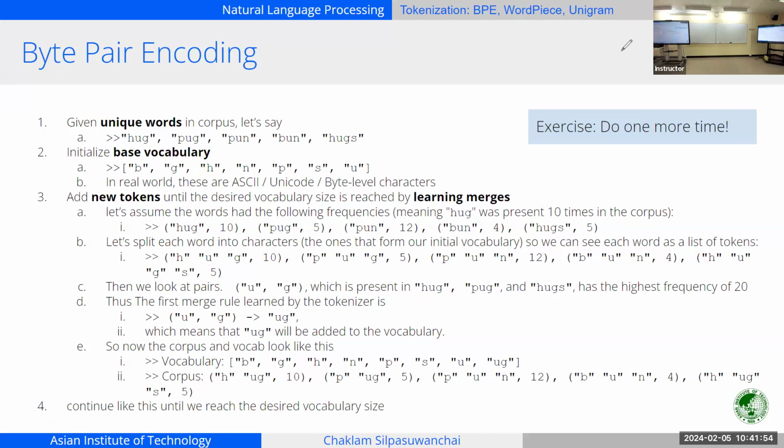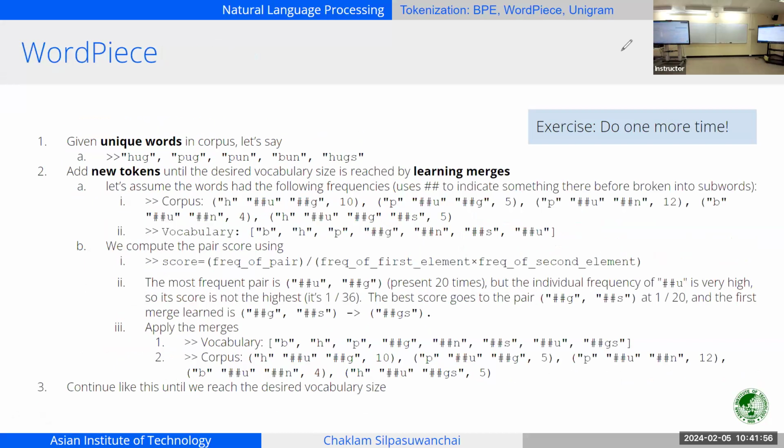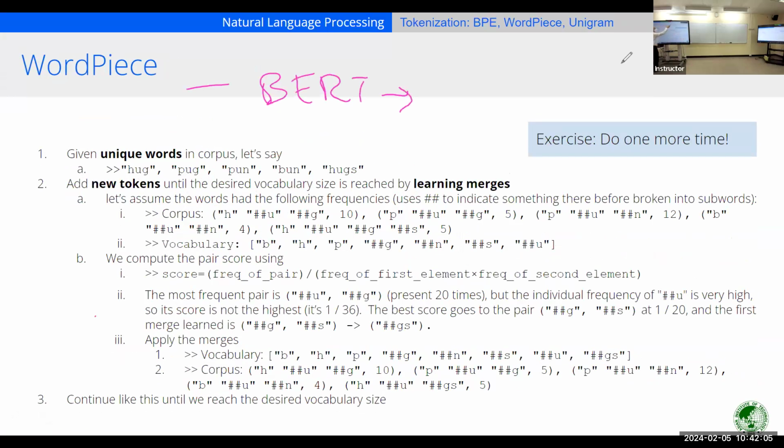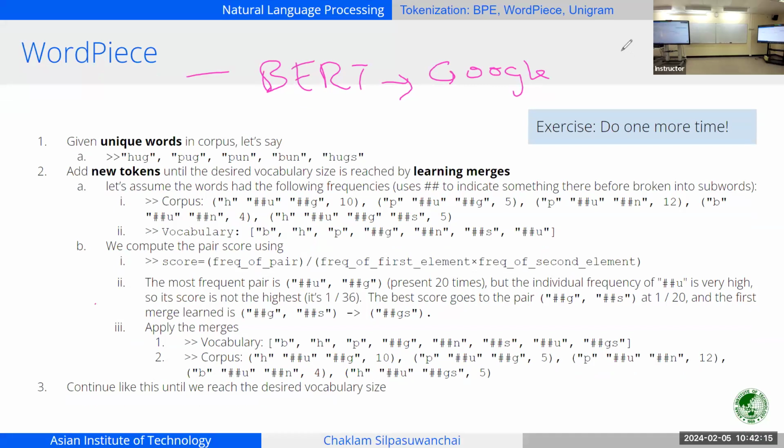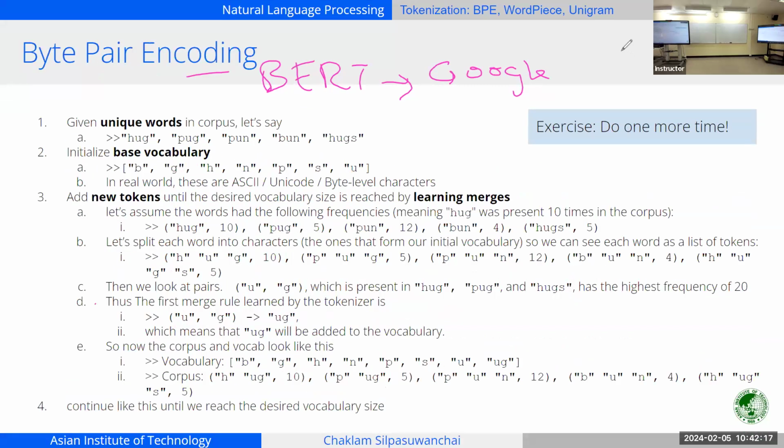Okay, great. Now, WordPiece. This is also very important, guys, because BERT uses this, and it's by Google, right? If Google is very smart, then we should study them, right? By the way, I think it's important that you know all of this. Which company came up with byte pair encoding?